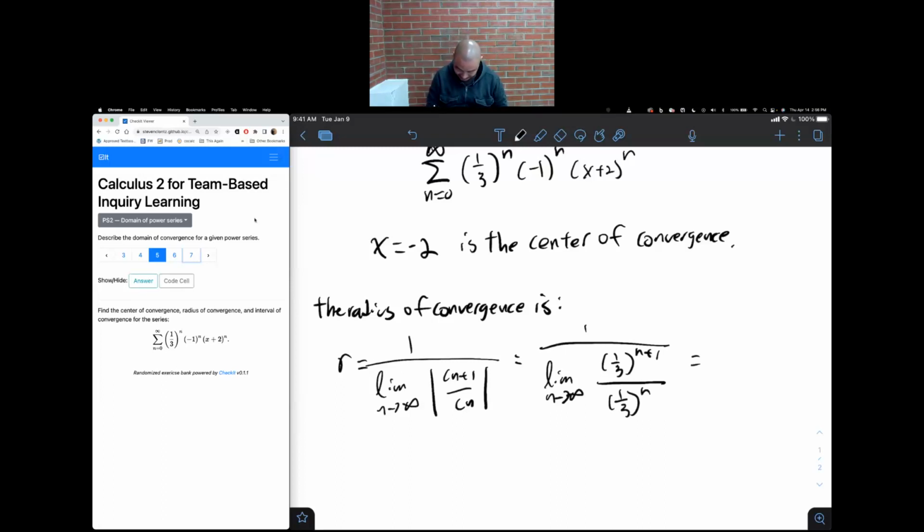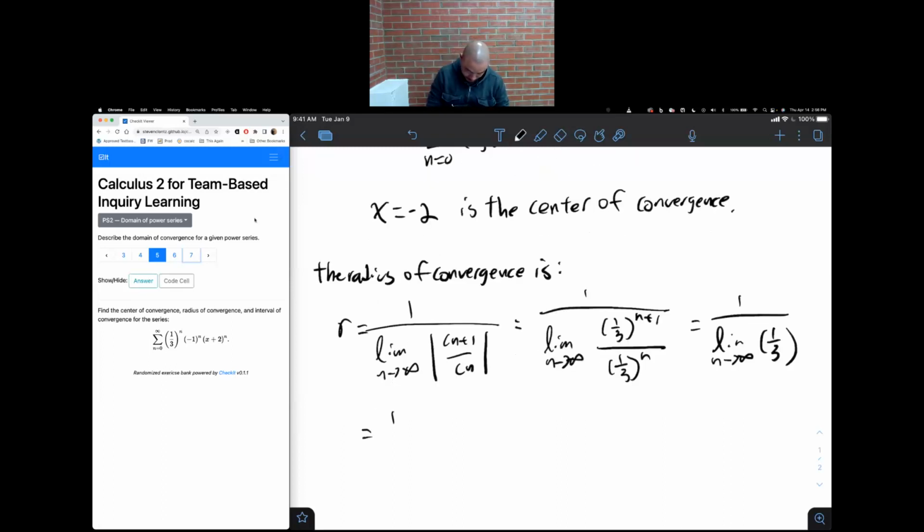This gives us 1 over the limit of simply 1/3, which is 1 over 1/3, which is 3. So the radius of convergence is 3, and the center is at -2.